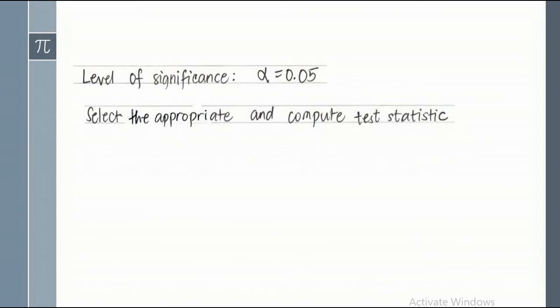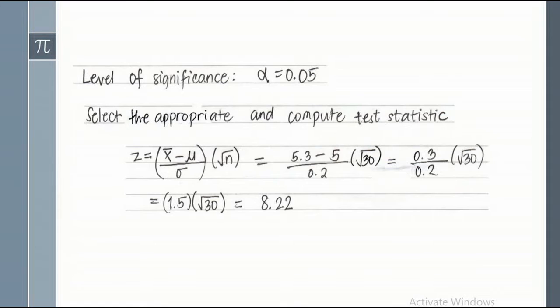Select the appropriate test and compute the test statistic. So we will now use the z-test since n is greater than or equal to 30. So z is equal to x bar minus mu over sigma divided by square root of n. X bar is the sample mean minus mu, which is the population mean, over the population standard deviation multiplied by square root of n.